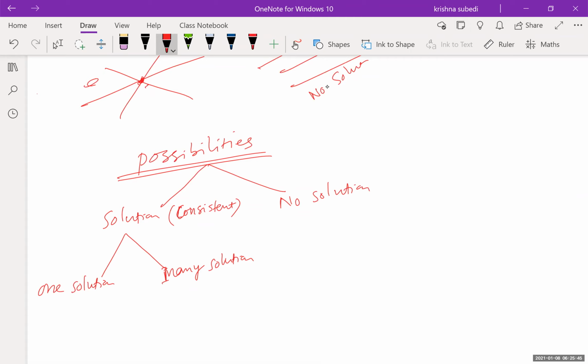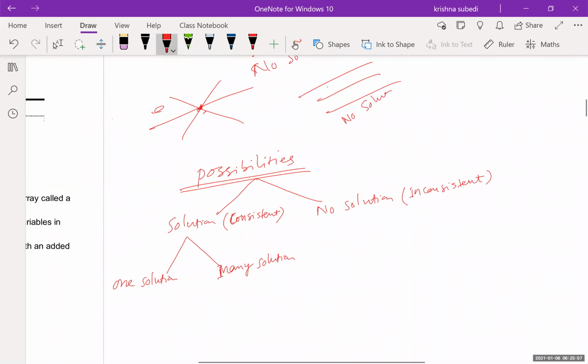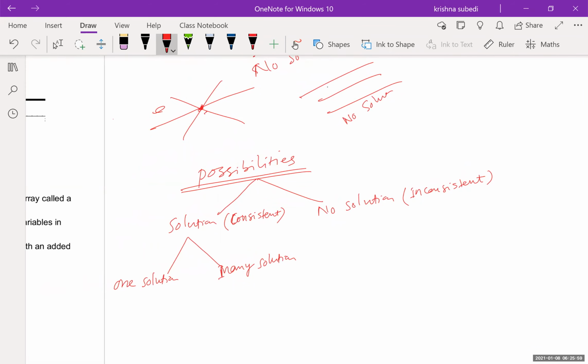If the system has no solution, we call it inconsistent. This is the main thing that we need to know in this section. Either the system is consistent or the system is inconsistent. If the system is consistent, then the question will arise whether it has one solution or many solutions, and we can find that out. If it has no solution, then we are done.